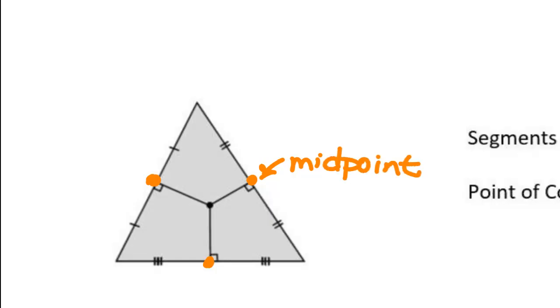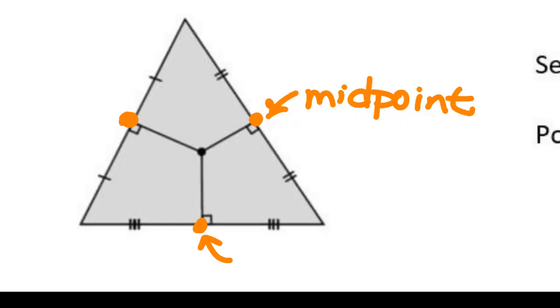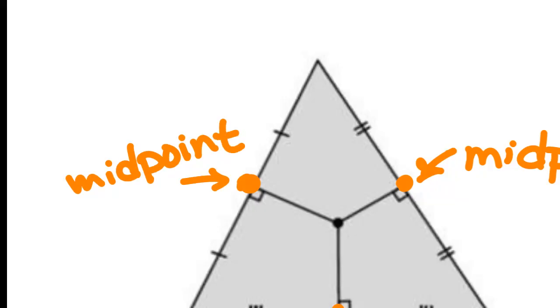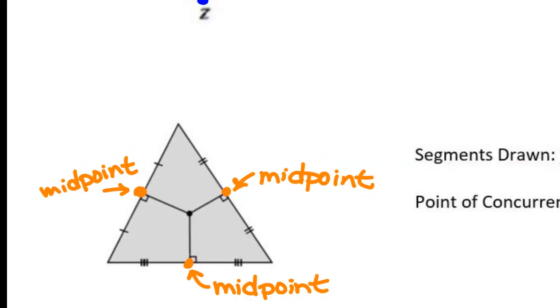You're just a little bit ahead of me. This is a midpoint, and this is a midpoint. What do midpoints do to sides of triangles? Cuts them in half, right? What do we call things that cut something else in half? Starts with a B. Bisector.